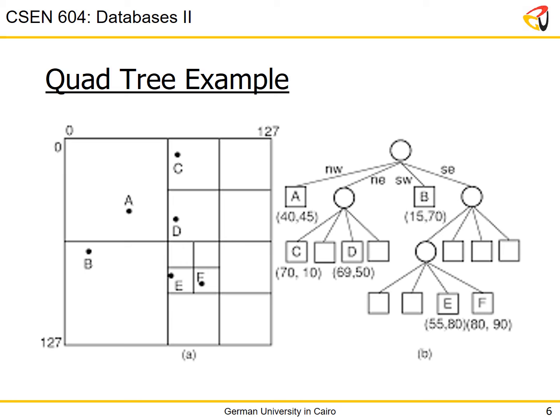Or you would like to know what exists in the quadrant that has the C. So you find out it's actually the C. Now you must go in this data structure with some coordinates. Okay? For example, if you are looking for what exists at the point where C is, so you must go in with the coordinates 70 and 10.